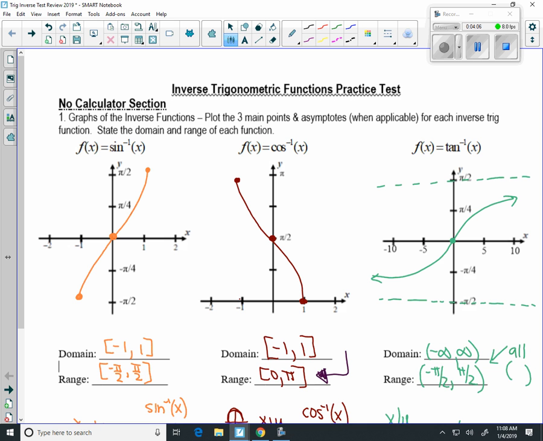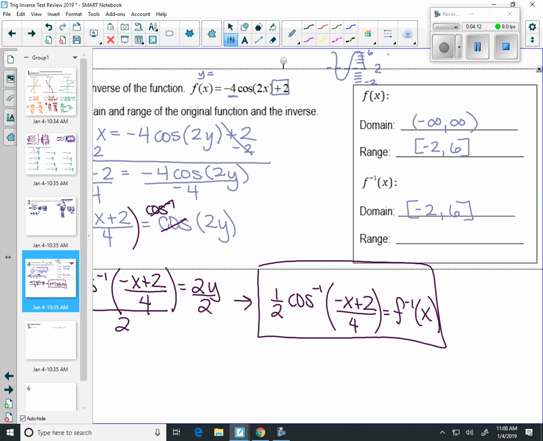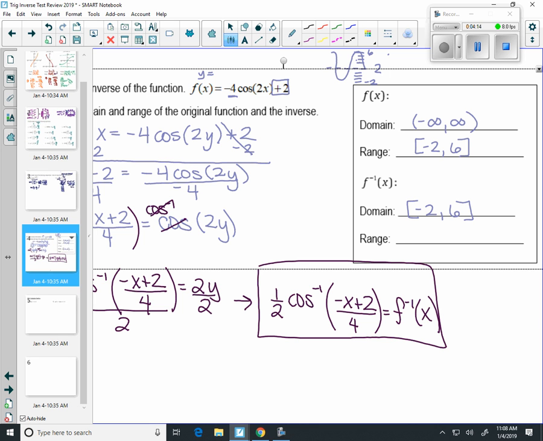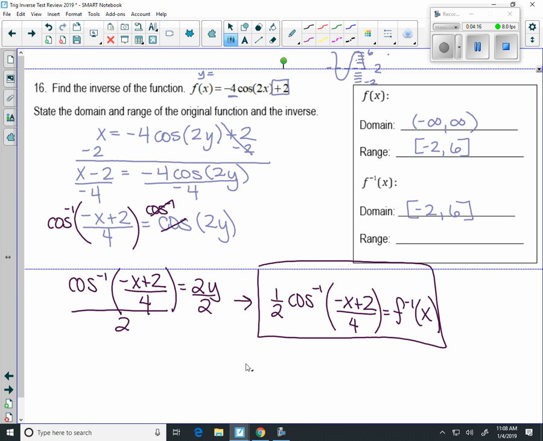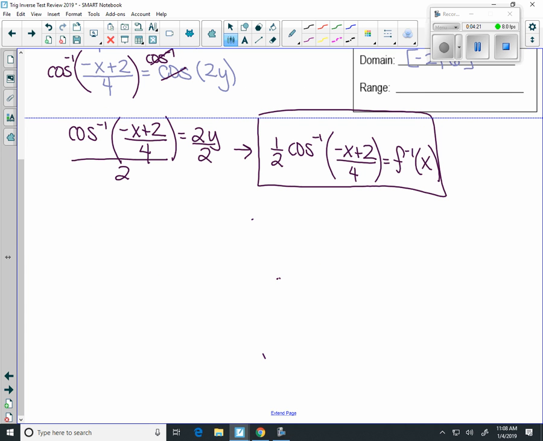So now, the transformations here, I'm going to write that down. If we're just graphing y equals cosine to the negative 1 of x, the range is from 0 to pi, including the endpoints.